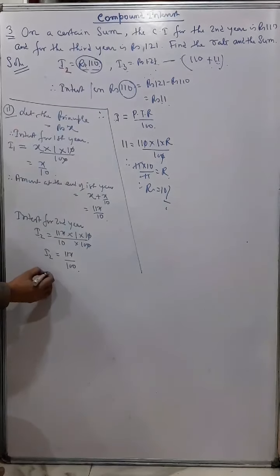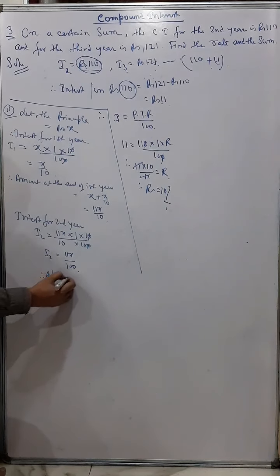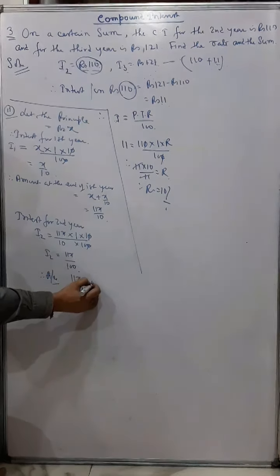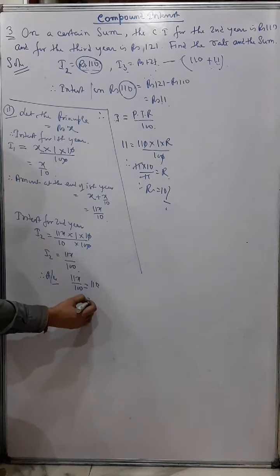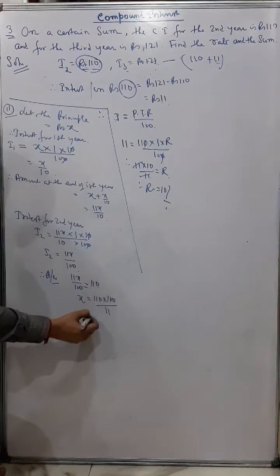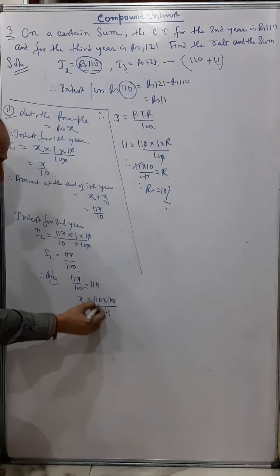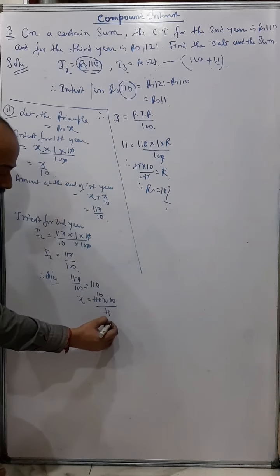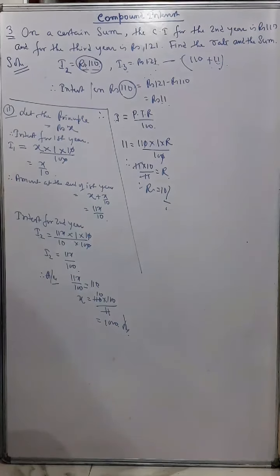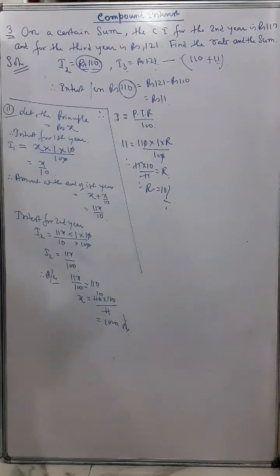So now we can say that according to the question, this 11x by 100 is equal to 110, and x is equal to 110 into 100 by 11, and finally we got principal as 1000 rupees. Understand? Very important sum. This is also very important sum.